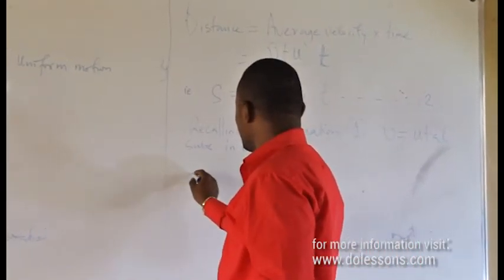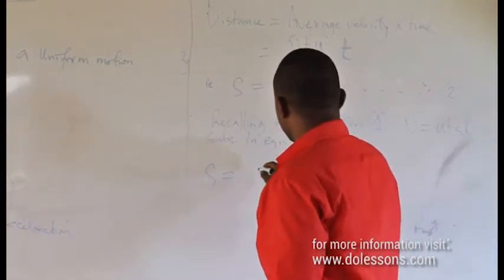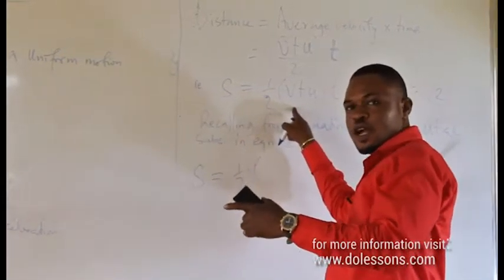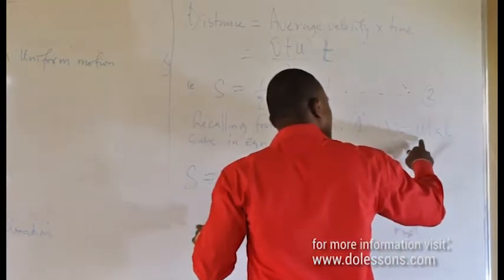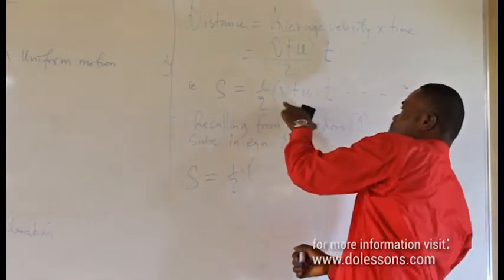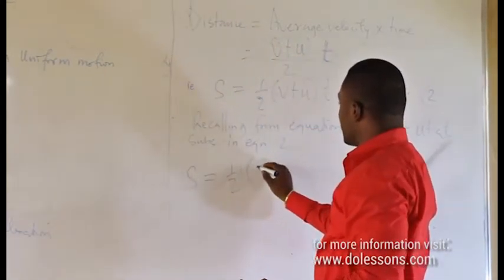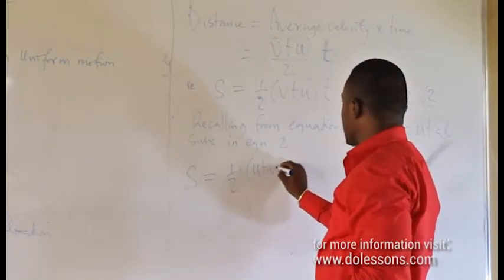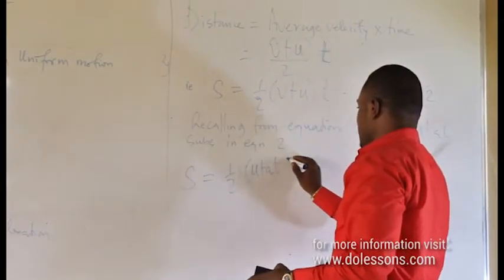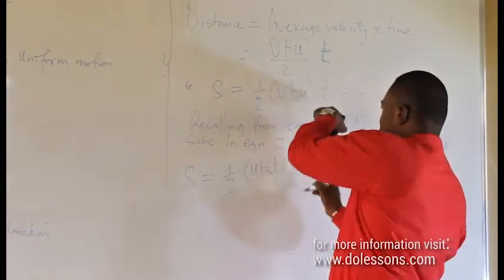We'll have that s is equal to half of v, look at this, v is equal to u plus at, so I will put this value u plus at in place of v here, to have u plus at plus this other u here, then times t.